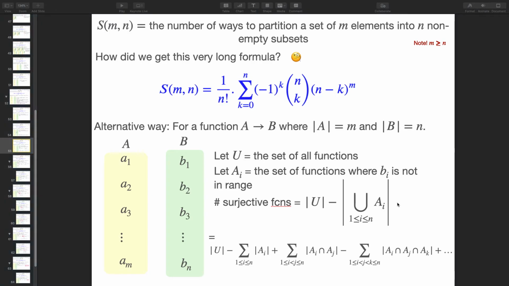So note na nagsusubtract tayo from the universal set ng isang union of sets, right? Union of sets. So, pwede nating magamit dito yung generalized principle of inclusion and exclusion. So that we'll have this formula.